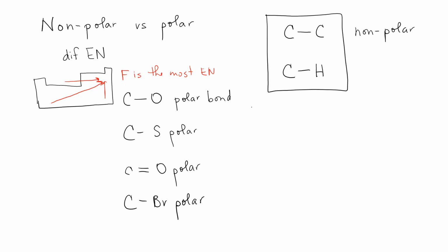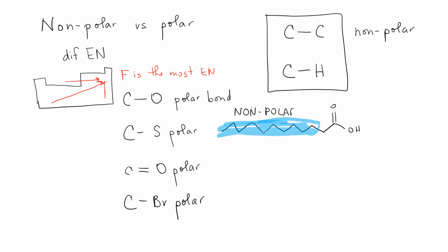So for example, I think that what we were talking about in class last time was fatty acids. So here's a fatty acid. It's got a carboxylic acid end and then a whole lot of carbon bonds. So down here in this end, all of this portion of the molecule is absolutely nonpolar.